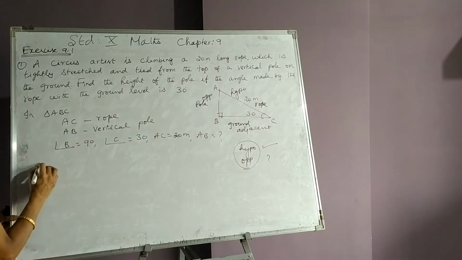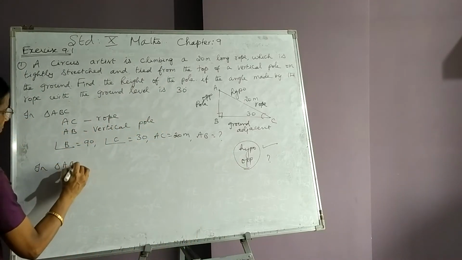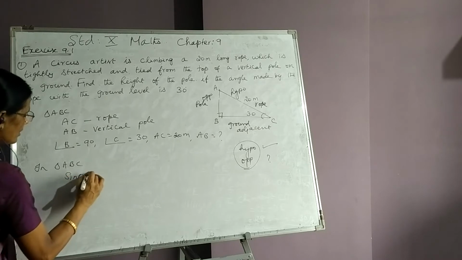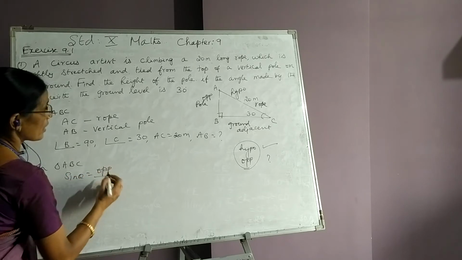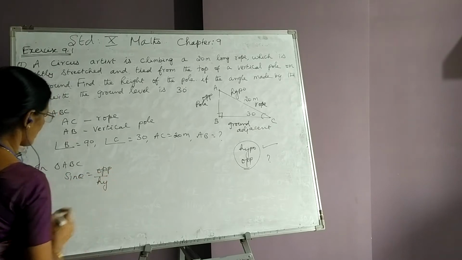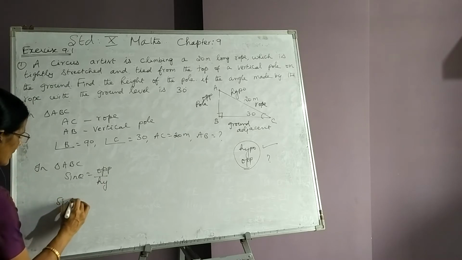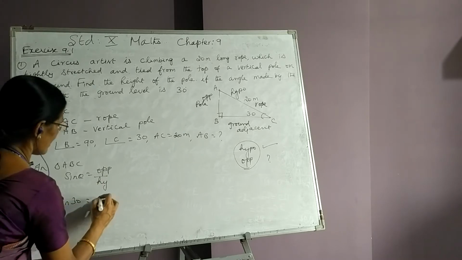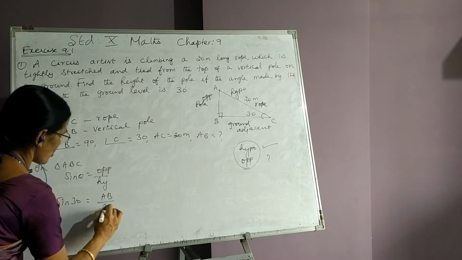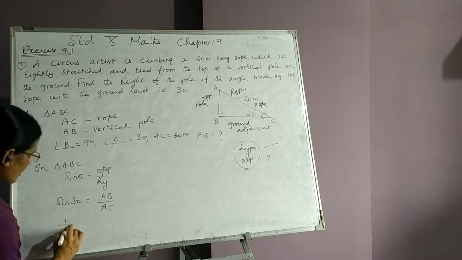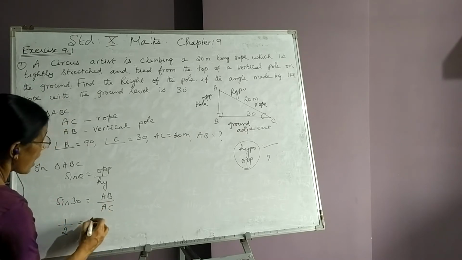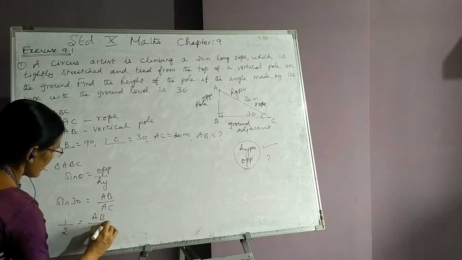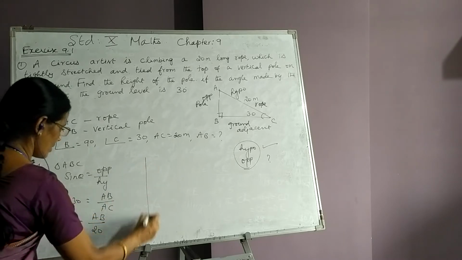Therefore, in triangle ABC, sine theta is opposite upon hypotenuse. Theta is 30 degrees, so sine theta is AB upon AC. Sine 30 value from the table, we know it is half, which is AB upon AC, and AC is given as 20 meters.